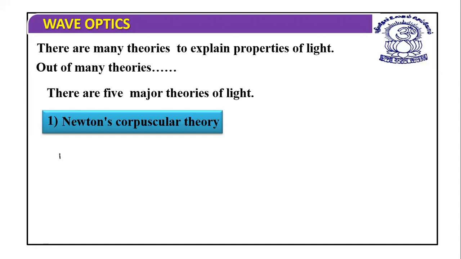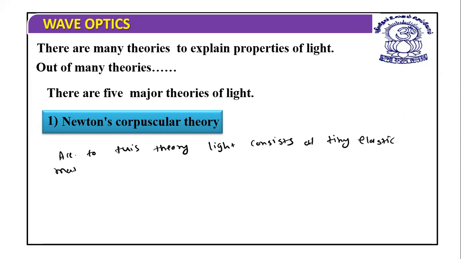According to this theory, the light consists of tiny elastic material particles.